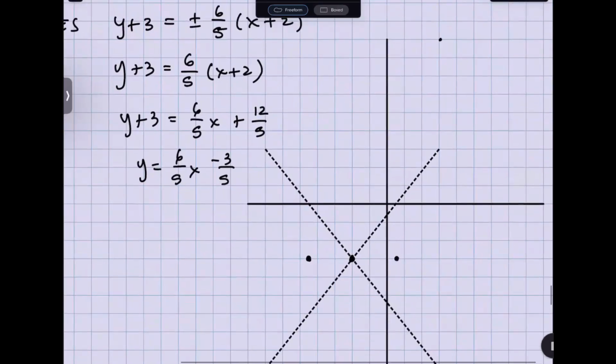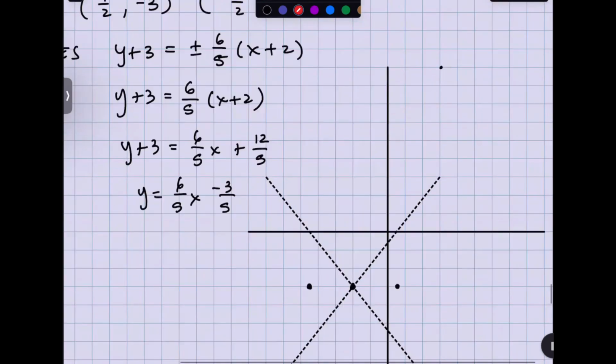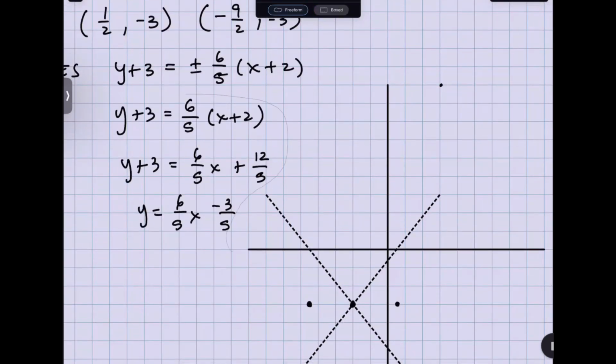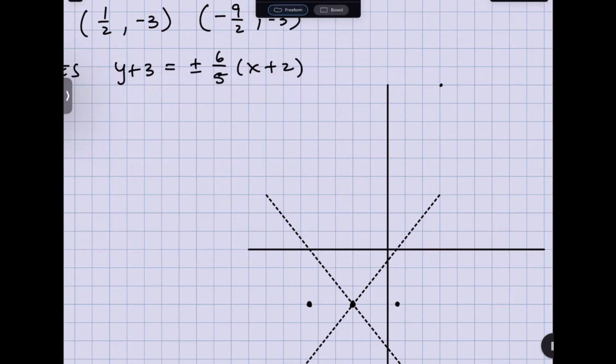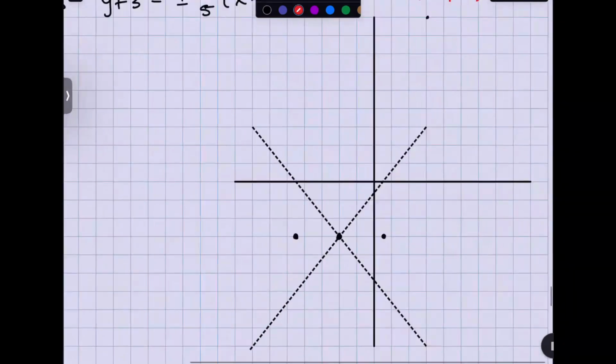Because this is telling me that I don't need this part. This is telling me that the center is -2, -3. Does that make sense? Which is this point here.